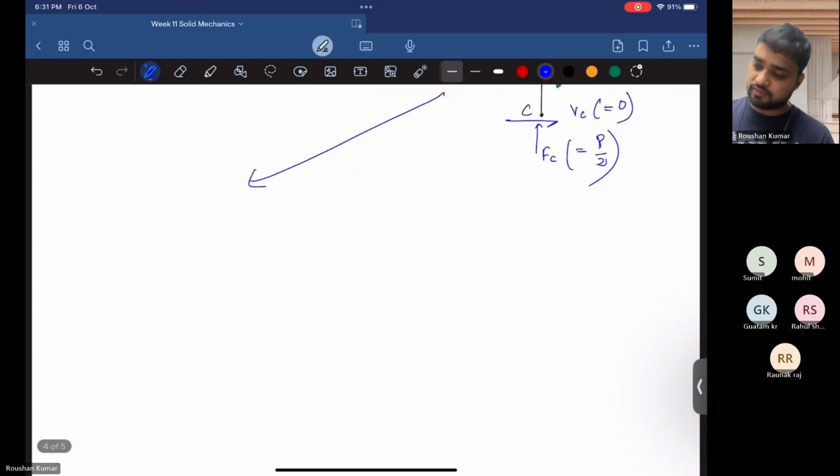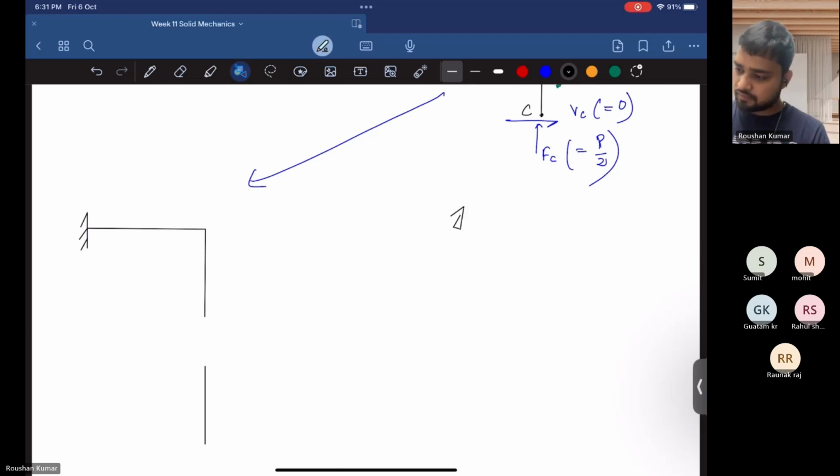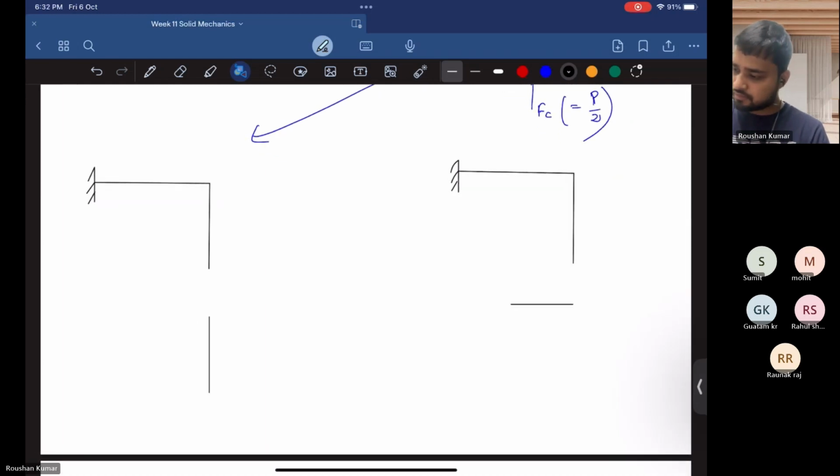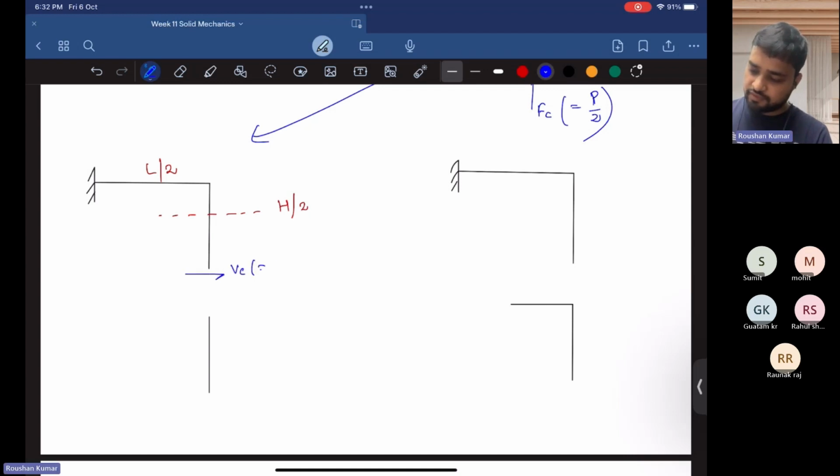So this distance is h by 2, and here we have a shear force acting, Vc, which is equal to 0.